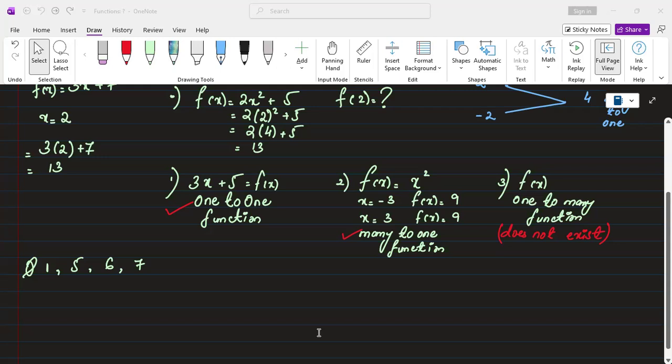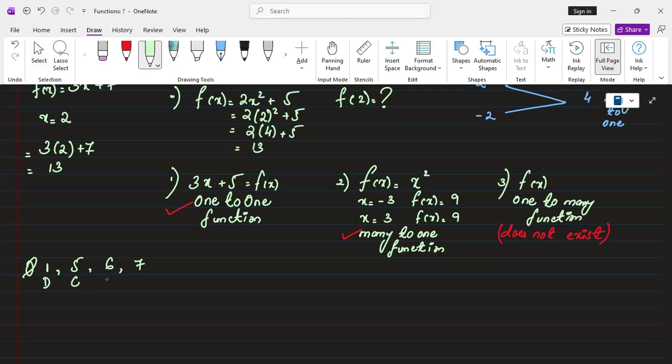D. The correct answer for 1 is D. Question number 5 is C. Question 6 is 61. And question number 7 is D. Are these the same answers everyone is getting? Yes, sir. So nice. Perfect. Now, let's discuss the other concepts of functions.